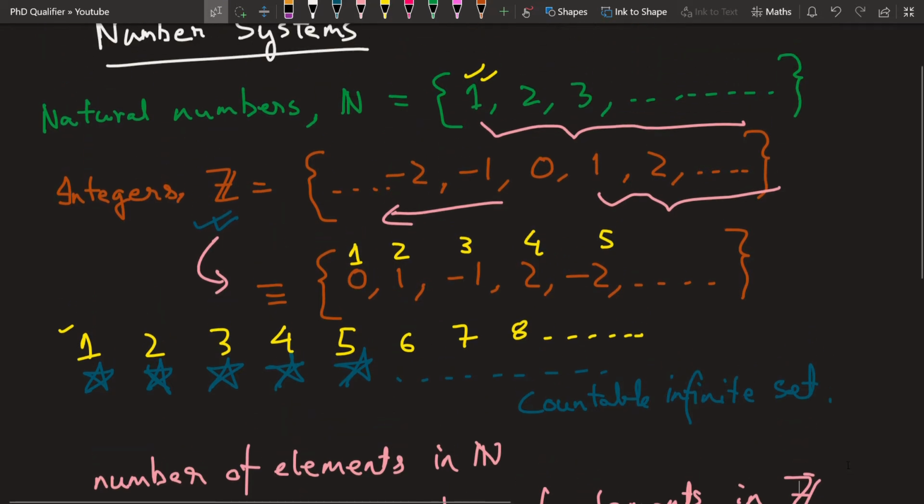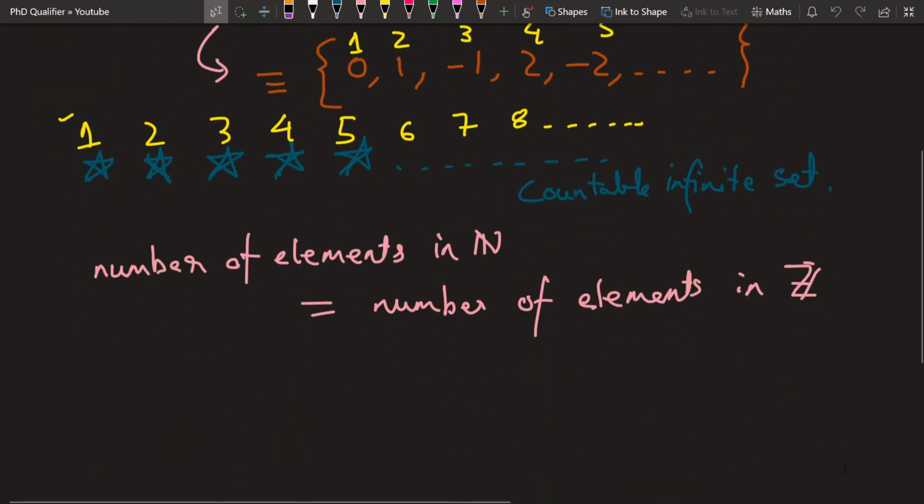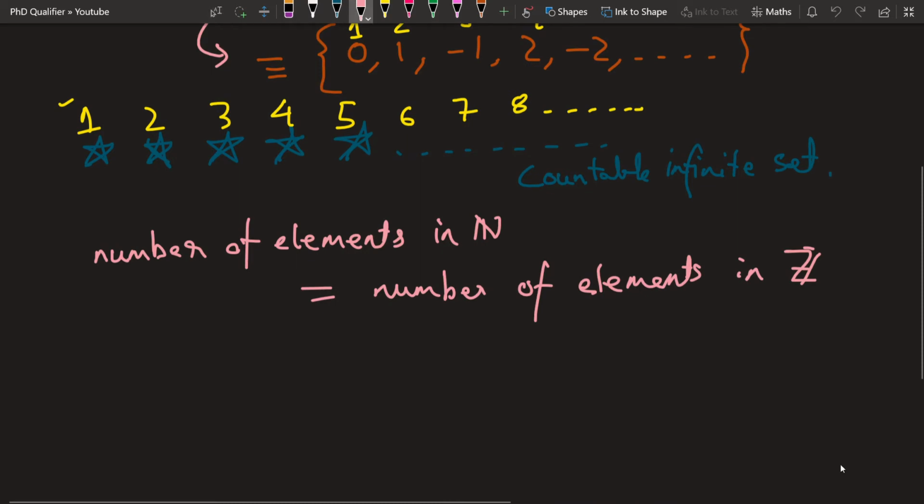Now, what else can we check regarding the countability of these natural numbers and integers? By the way, this ensures that the integers form a countably infinite set, because if you have an equal number of elements in the set as natural numbers, you can arrange both sets side by side, like these are the natural numbers and these are the integers.